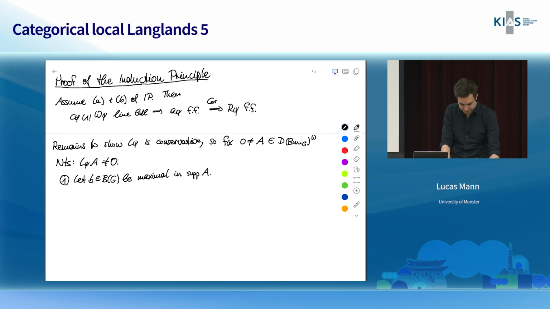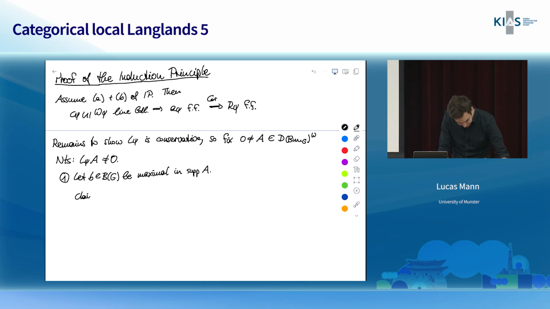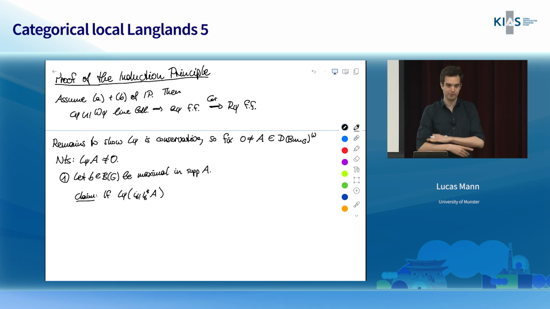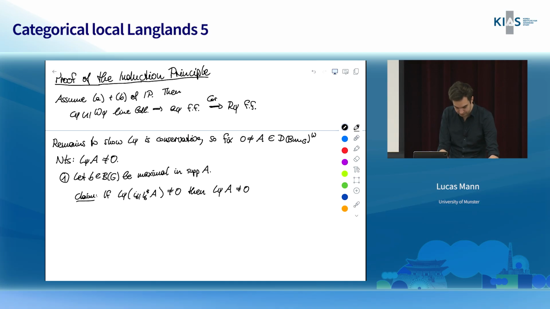And now here's a lemma. Claim: if L psi is non-zero on just the piece of A that's sitting at this one B, right? So I throw away everything else. If this is non-zero, then L psi of A is non-zero. Okay?